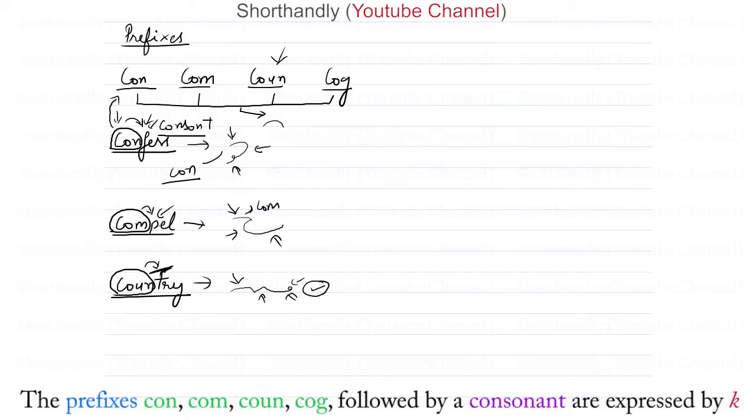Let's take another word like cognition. First we have this cog prefix here, then we have this n. N is of course a consonant, so we can use the k character to represent this cog prefix. So this word will be made like this.